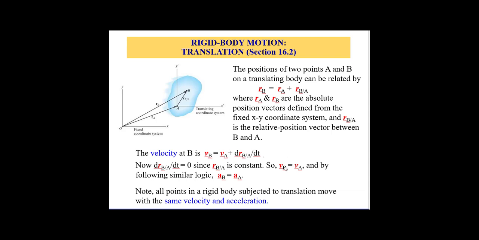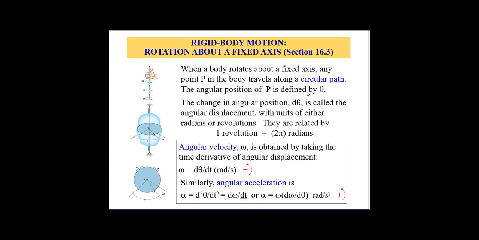Alright, now in the case when the body is undergoing pure rotation about a fixed axis, like this axis O, which is described by the right hand rule, where your thumb is pointing in the direction of the vector of rotation, and the rest of your fingers are pointing counterclockwise, showing the positive rotation of this body, as indicated over here.